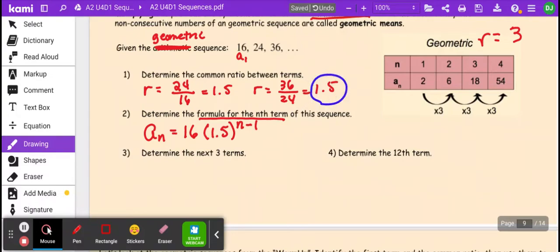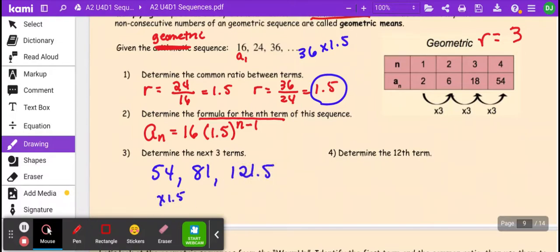So I could just start here and go, okay, what's 36 times 1.5? Just boom in my calculator, times 1.5, times 1.5. So that's what I would probably do, just to find the next 3 terms.